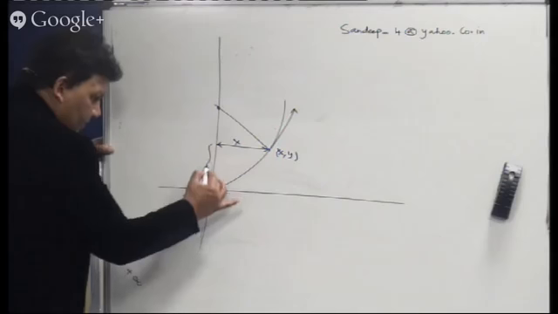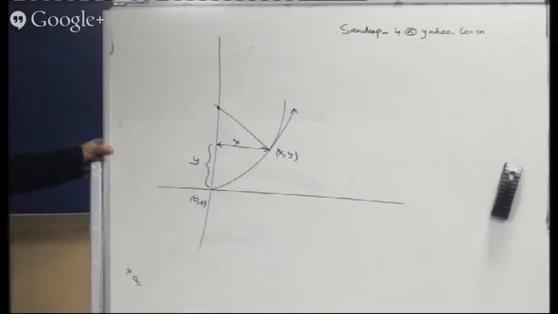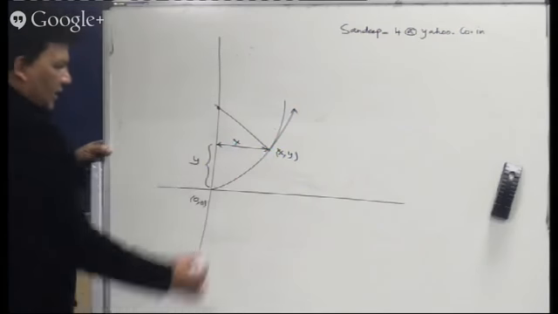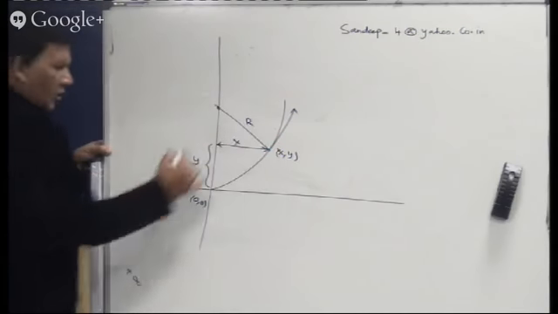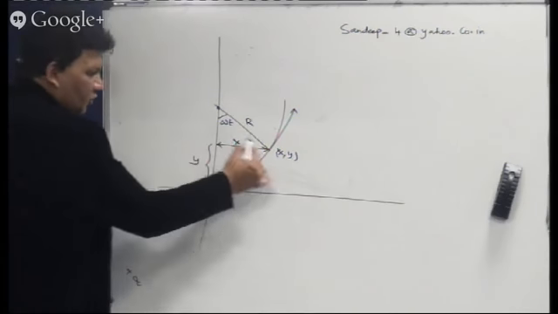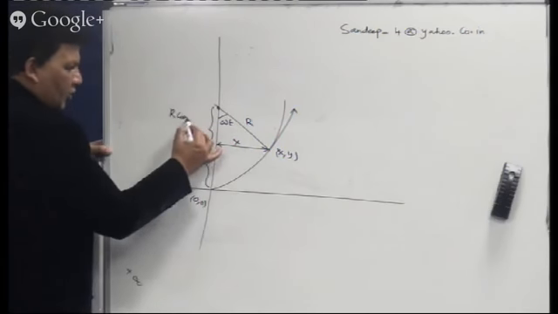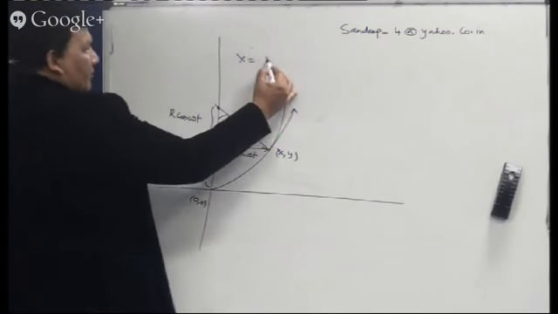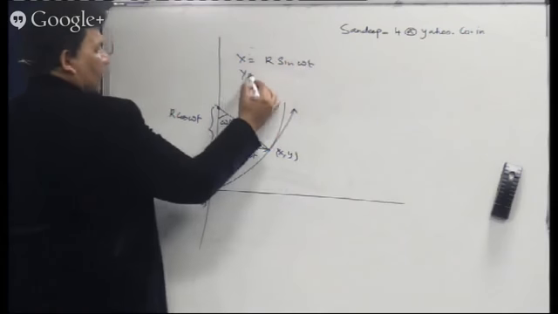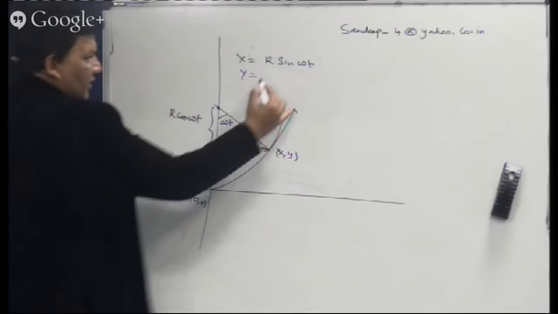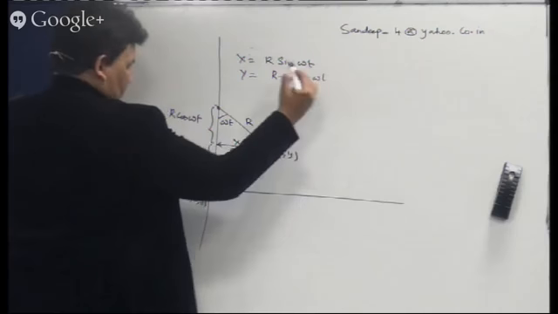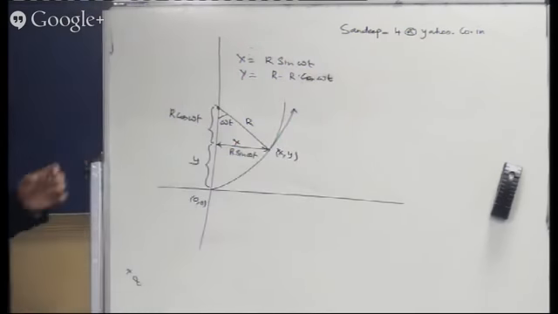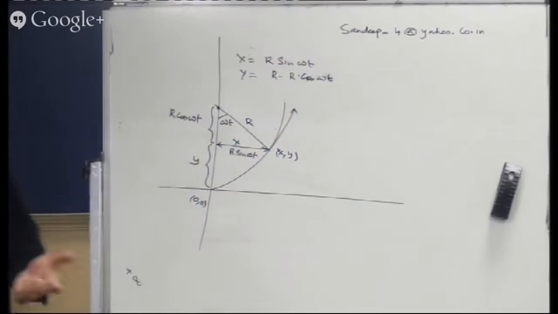This is x and this is y. कैसे निकालूं? How do I find out x? Do you know this r? Do you know this is omega t? So this will be r cos omega t, and this will be r. So what is the value of x? Yes or no? And what is the value of y? y is this. r sine omega t. x is r cos omega t, y is r sine omega t. Done. Perfect. The next question.